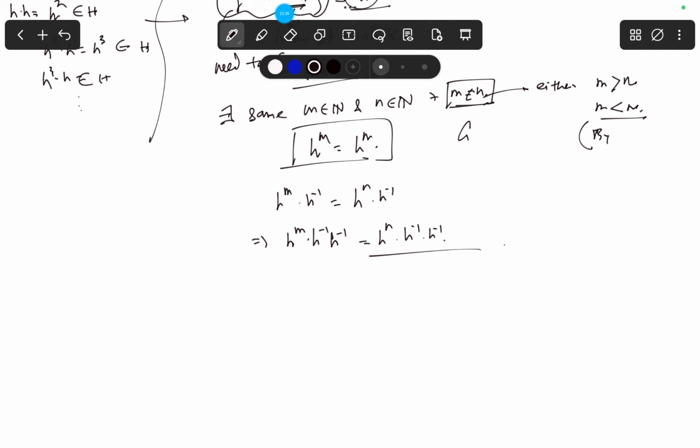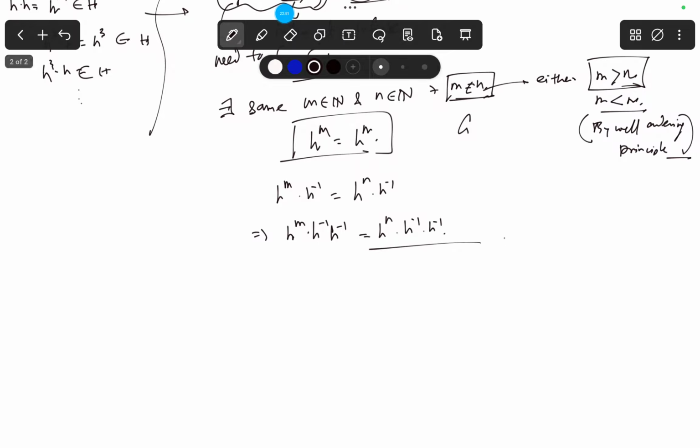Remember, this is by the well ordering principle. So if m is strictly larger than n, then the right side will vanish very early, or if m is less than n, then the left side will vanish very early. So you can pick, without loss of generality, any one of them.